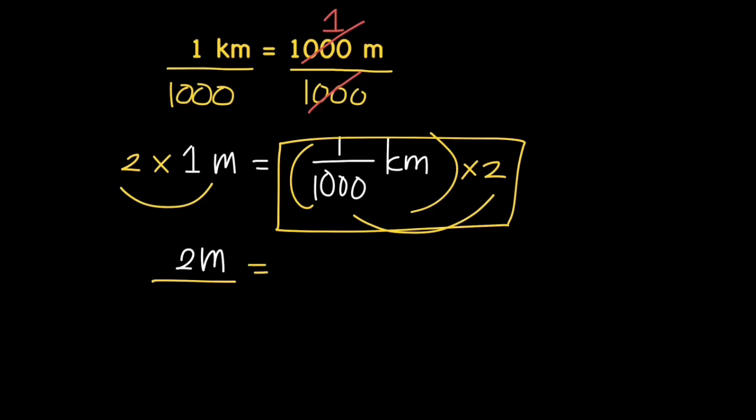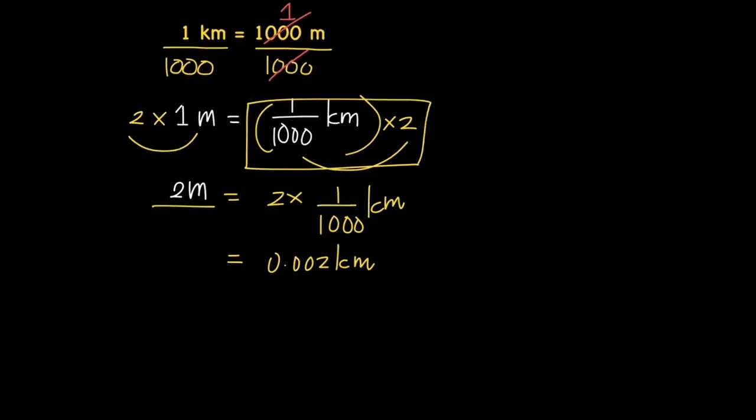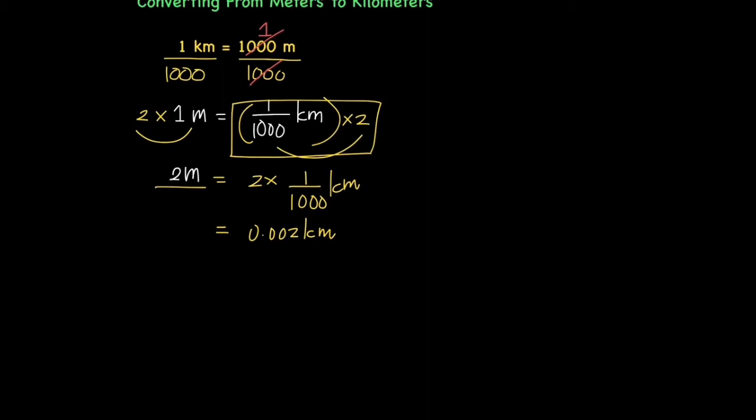So this is now 2 times 1 over 1,000 of a kilometer. Using a calculator, 2 times 1 over 1,000 will give us 0.002 km.